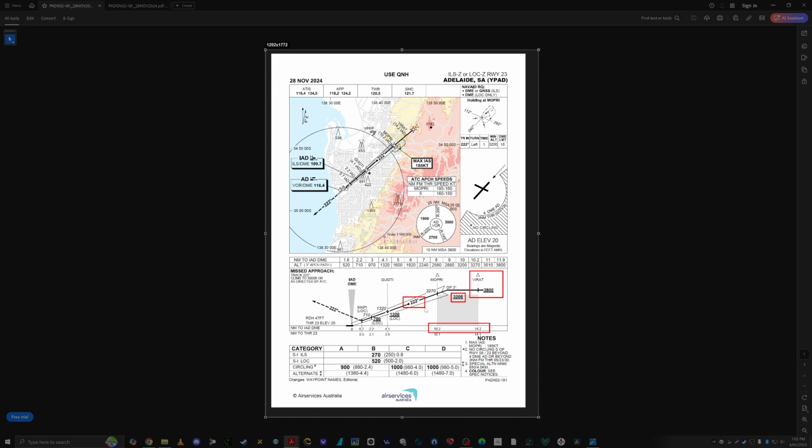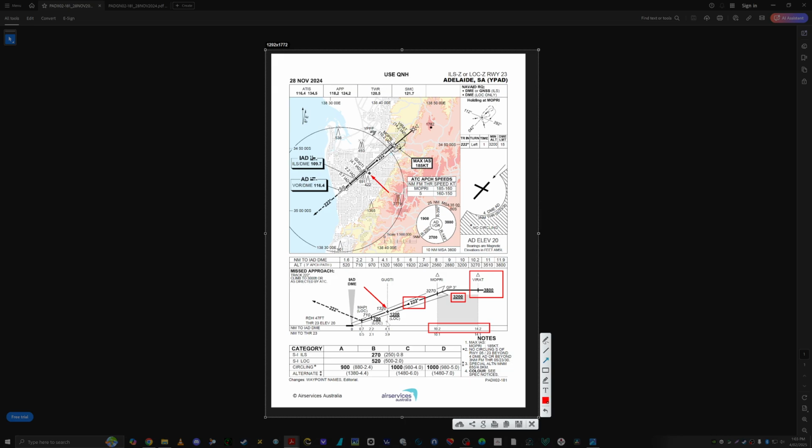And as it says here, your course is 222. Now, you see this Maltese cross. That means that's your final approach fix. And it says here you shouldn't be below 1,200 on the localizer. What does that mean? In other words, the final approach fix is where you should have your aircraft fully configured for landing and be on a stabilised approach.